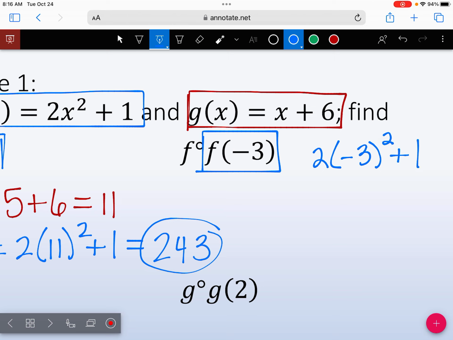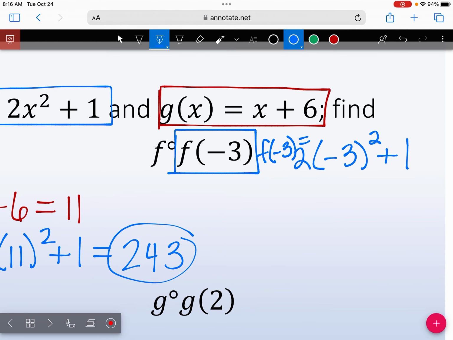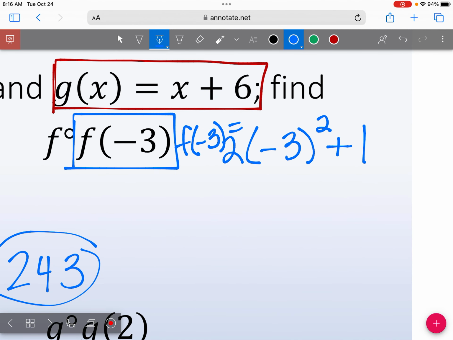And make sure you are putting parentheses around that negative 3 when you type it in your calculator. And what did you get for that first one? 19. Who got 19? Okay, so now we're going to take that 19 and put it into F again.